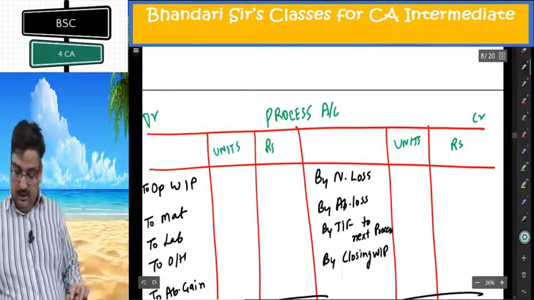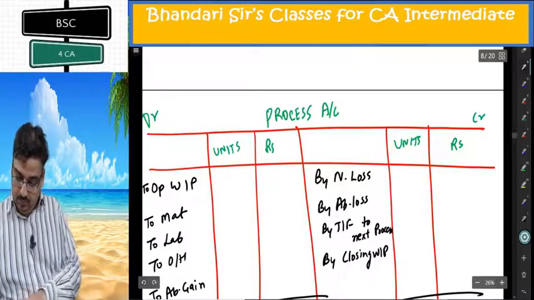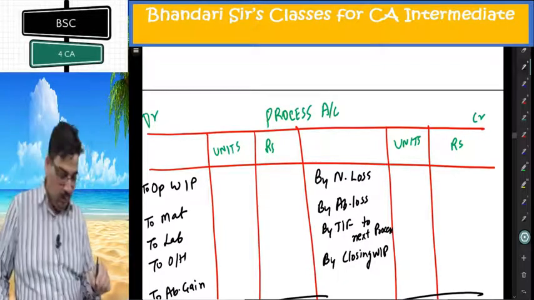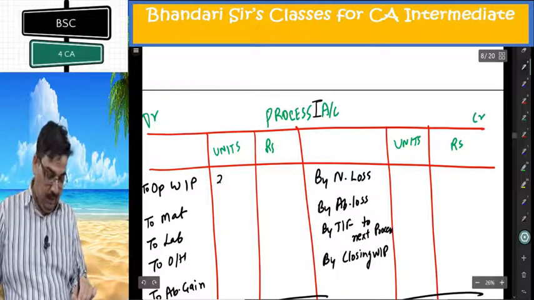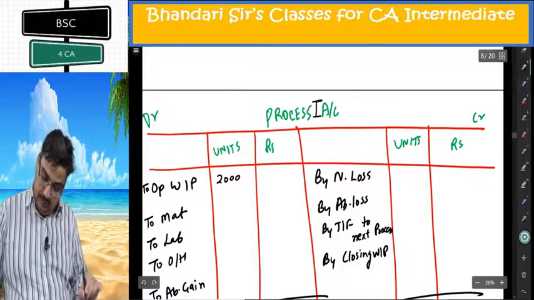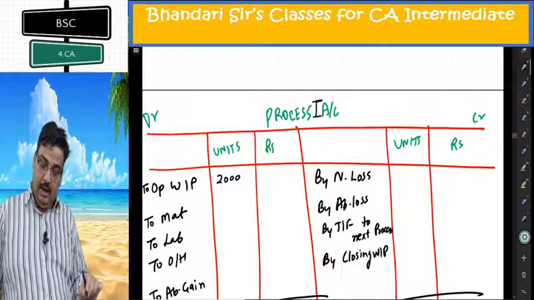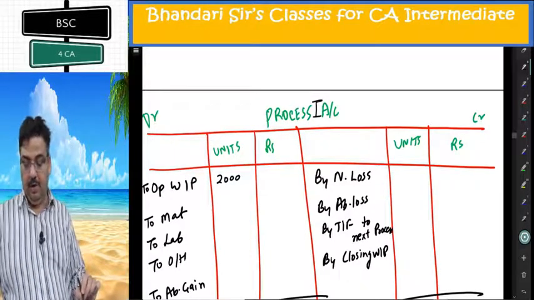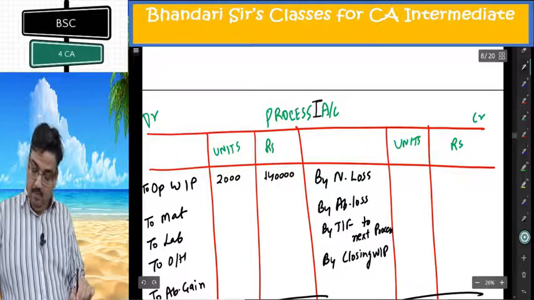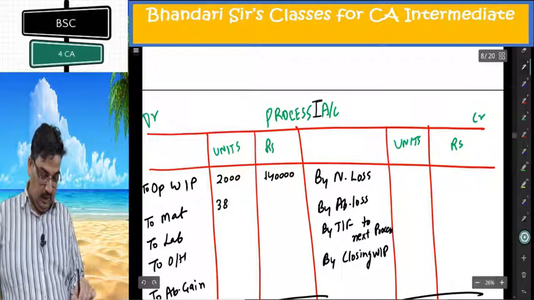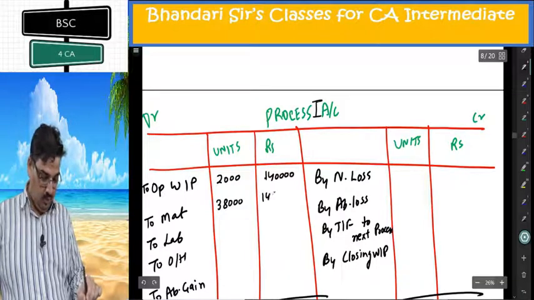This is the process 1 account again. Opening WIP, 2,000 units. The total cost was 80 plus 15 plus 45, that is 1,40,000. Material 38,000 units, 14,80,000.